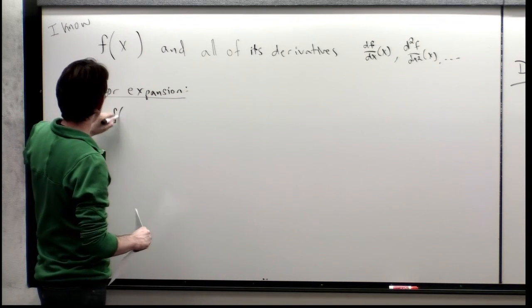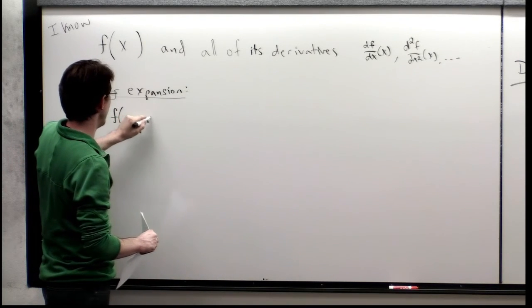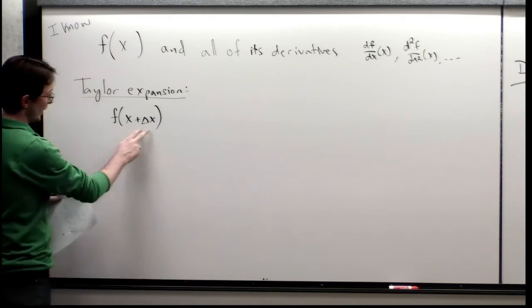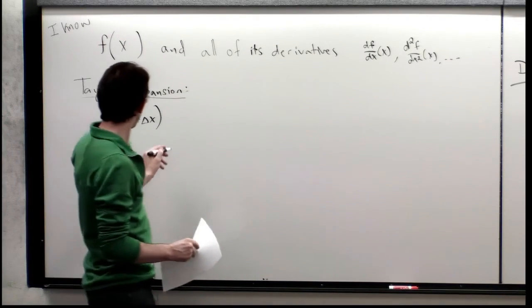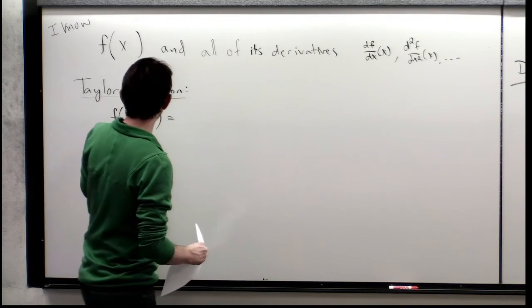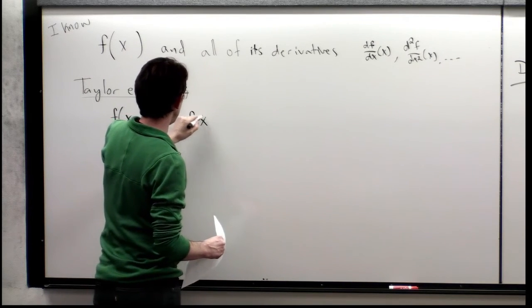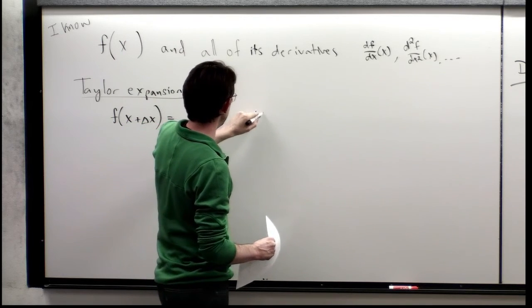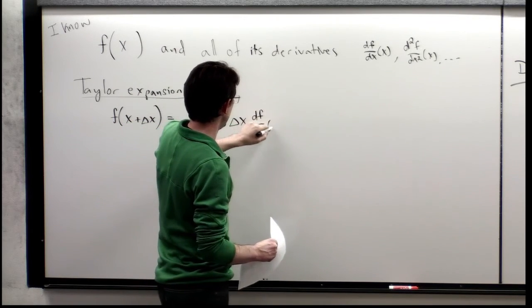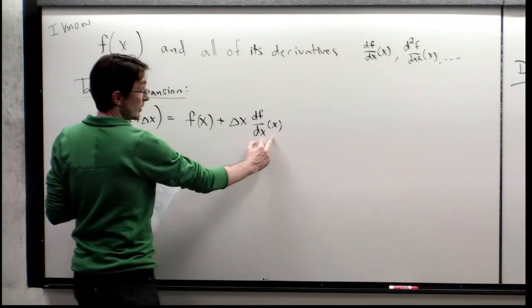So if I have f of x plus delta x, where I'm using delta to mean that it's close by, then this is going to equal f of x plus delta x times df/dx evaluated at the point x. I know this.